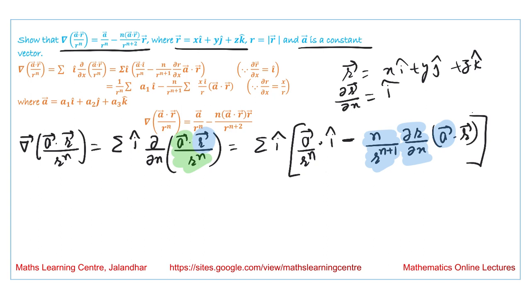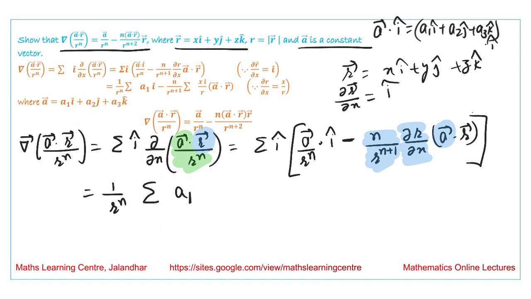with respect to x. So we are writing this value as 1 by r raised to the power n common, and we are left with a1, because a vector dot i cap, that is a1 i cap plus a2 j cap plus a3 k cap dot i cap, so that is equal to a1. So this value is equal to a1.